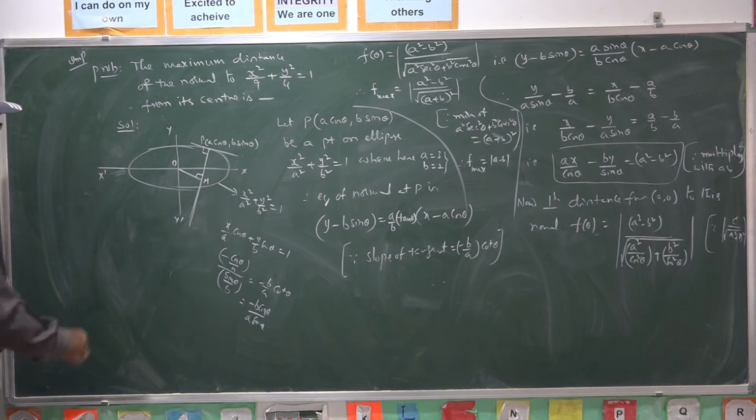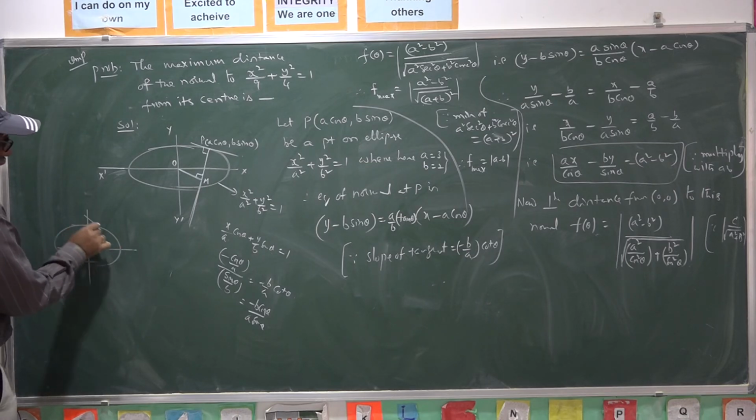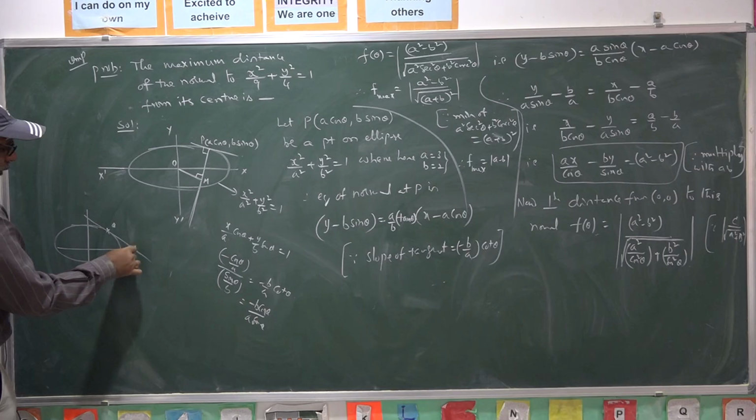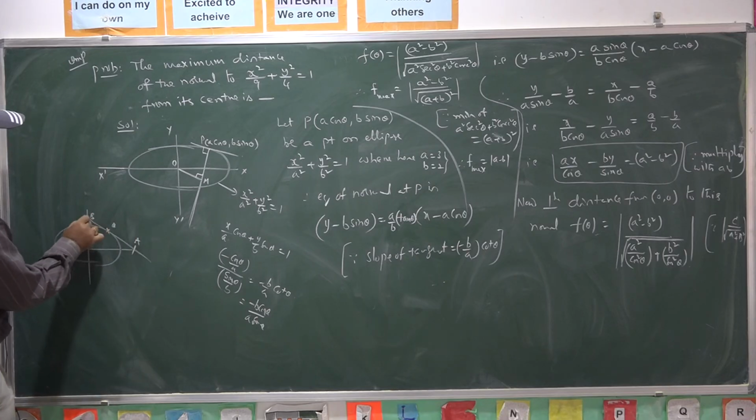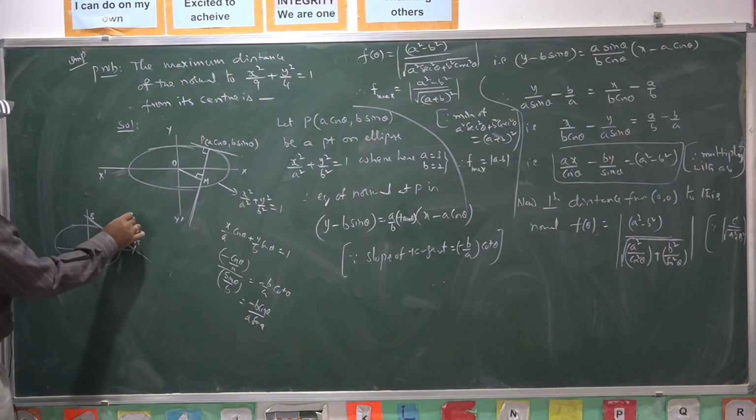In the previous problem, once the tangent is drawn to the ellipse at theta, the length of AB is minimum.